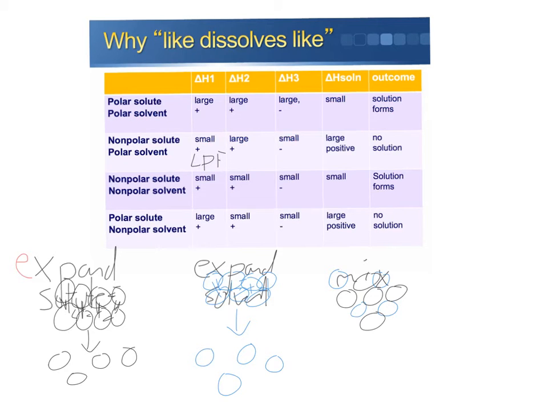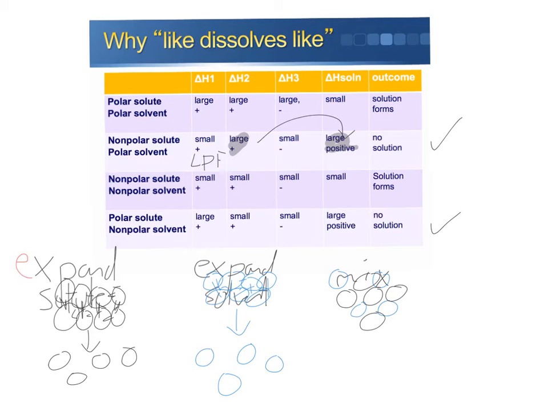So the difference, the dominating term here, is this large positive one, which is going to result in a very large positive, not favorable energy requirement, so nothing happens. So this is the energy reason why, and this is the exact same thing, why like dissolves like, why a polar and a nonpolar thing will not mix. There is a very large positive energy requirement that it's too hard to meet.